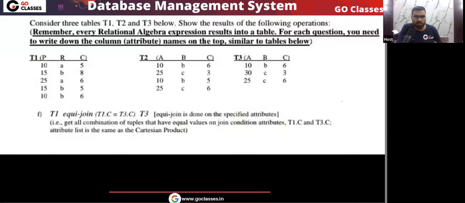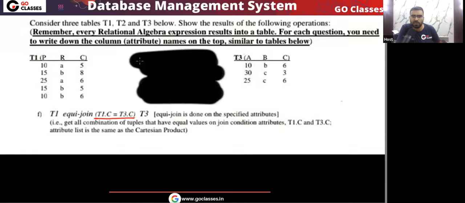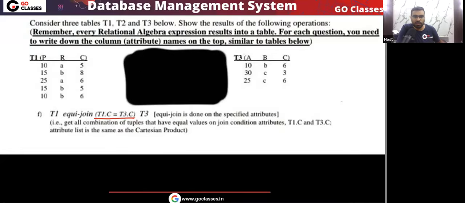Now let's solve this question quickly. Tell me the answer for this one. You can see T1 eq join, because we are using an equality condition. So this is eq join. T1 eq join T3, so you can just remove T2. We don't care about T2. Tell me, how many tuples in the output? First of all, what is the schema?